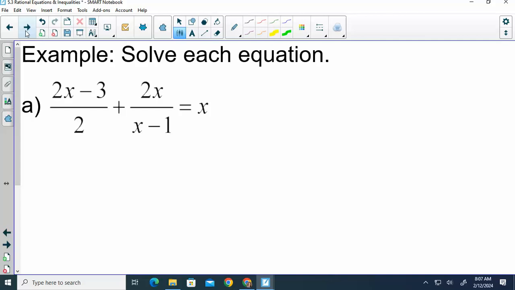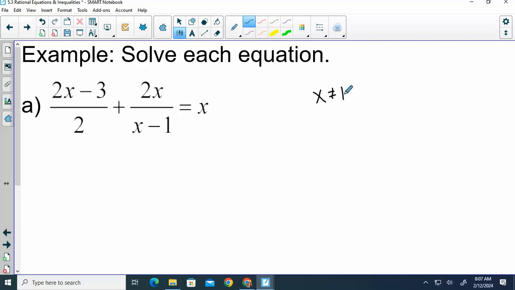Okay, let's talk about that. So we know that if you have a fraction, what can never happen in the denominator? The denominator cannot be what? Zero. The denominator cannot be zero. So if I look at this, can you tell me right now what x cannot equal?